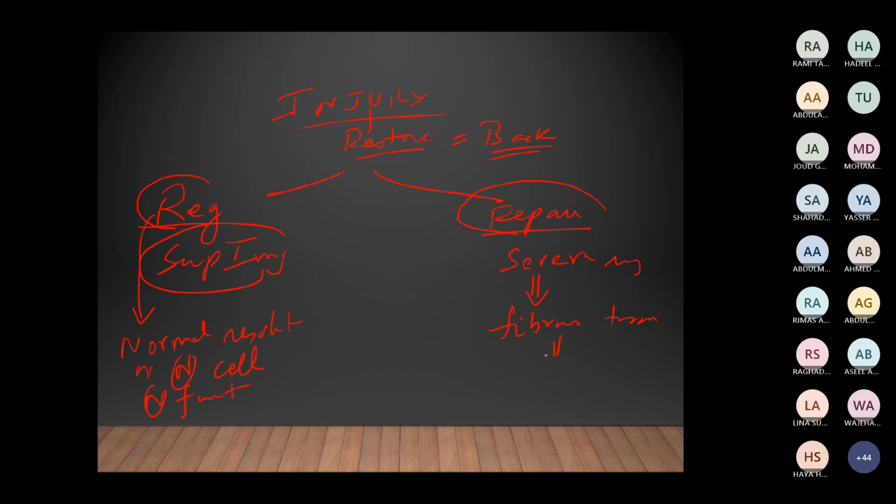And this is called scar. So here in regeneration, you have a normal function, normal native tissue is restored back, as compared to repair, there is formation of scar tissue due to severe injury, and this is very important to understand. And if you don't understand this, I think fracture will be difficult to understand again. Now, he has taught you yesterday, I think in detail. I'm not going into details.